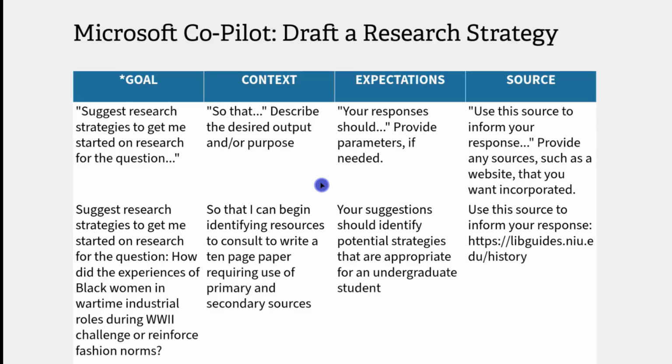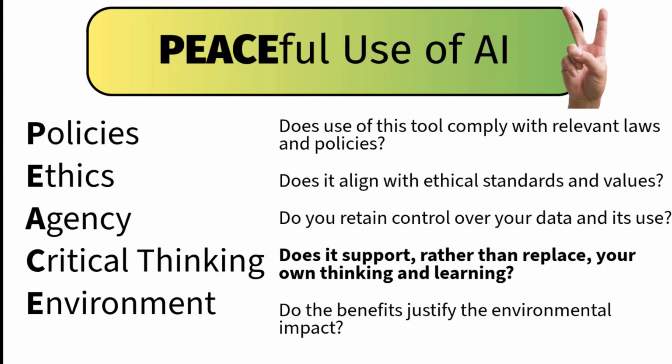We're going to look at one more planning tool before we dive into the tools for finding research. But I want to bring it back to this peaceful use of AI. In each step of this, consider this framework and really specifically that critical thinking piece. It's all about how you're using the tool. It's not usually whether or not you're using an AI tool, but how you're using it.